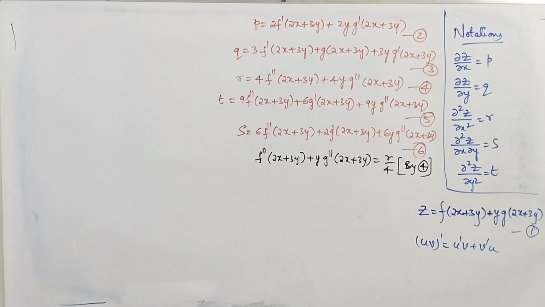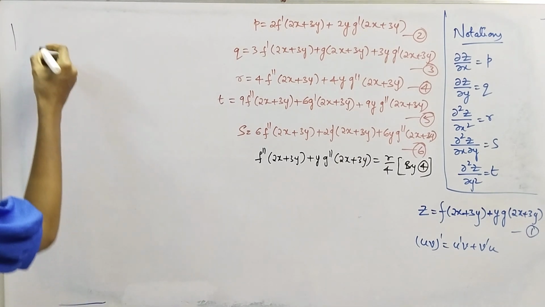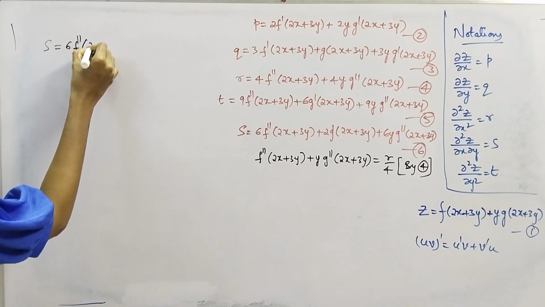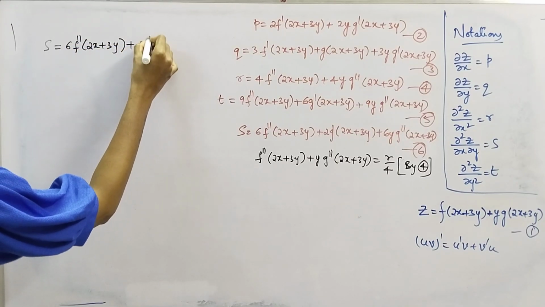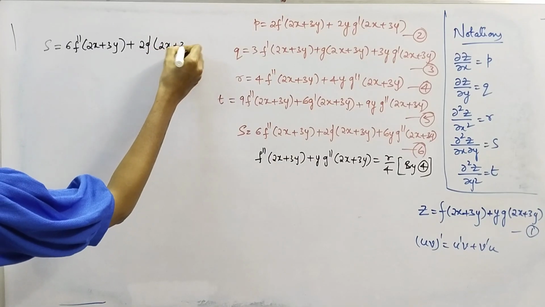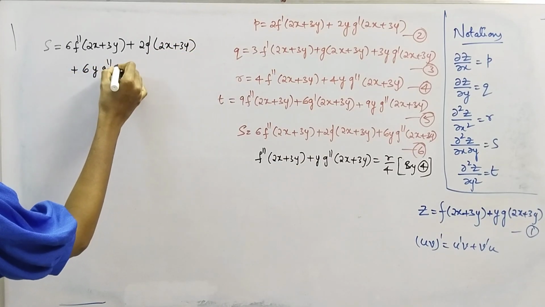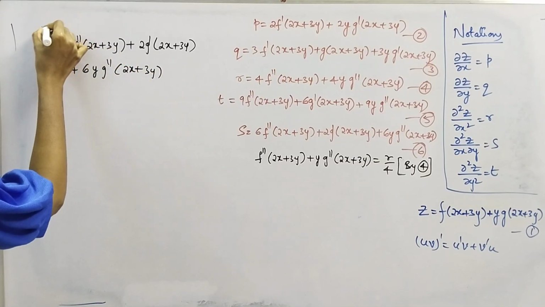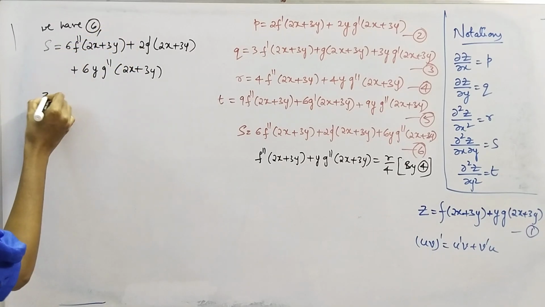Okay, let's take 6, that is s equal to 6 into f double dash of 2x plus 3y plus 2 into g dash of 2x plus 3y plus 6y into g double dash of 2x plus 3y. Okay, we have equation 6, right?